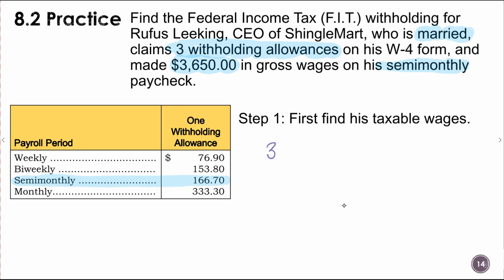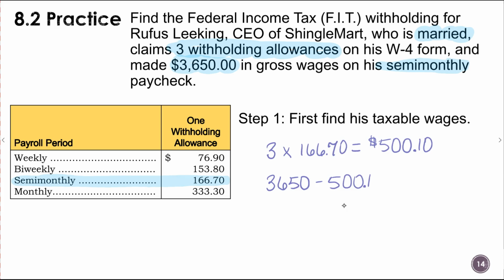So we're going to take 3 times 166.70, and that is $500.10. All right. And so then we're going to subtract that from 3,650, and that will give us his taxable wages of $3,149.90.